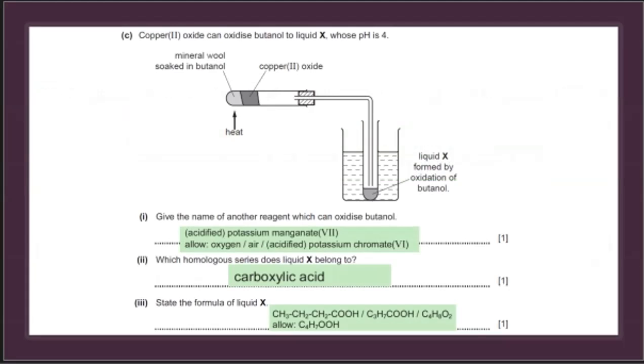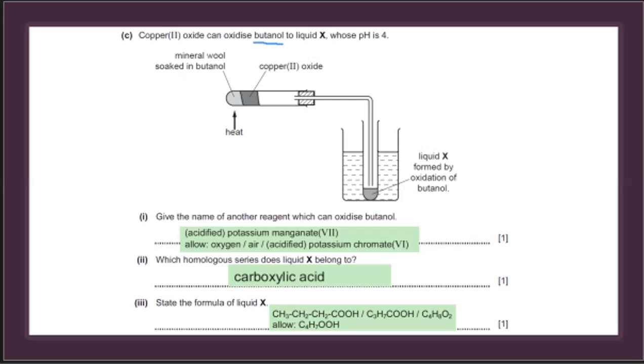All right, next question. Copper(II) oxide can oxidize butanol to liquid X, whose pH is 4. They ask you to give the name of another reagent which can oxidize butanol. Butanol is an alcohol, so an alcohol can be oxidized by an oxidizing agent.